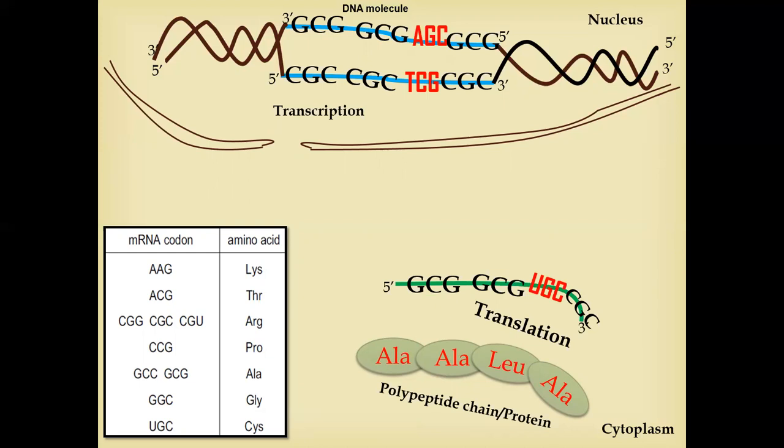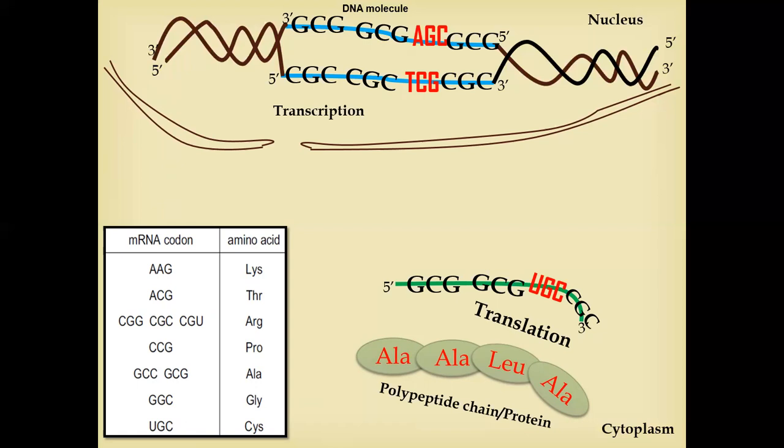The messenger RNA comes out from the nucleus to the cytoplasm. In the cytoplasm, it will produce a protein, for example alanine, leucine and alanine. We can understand the sequence by matching the chart of amino acids with the messenger RNA codon sequence.